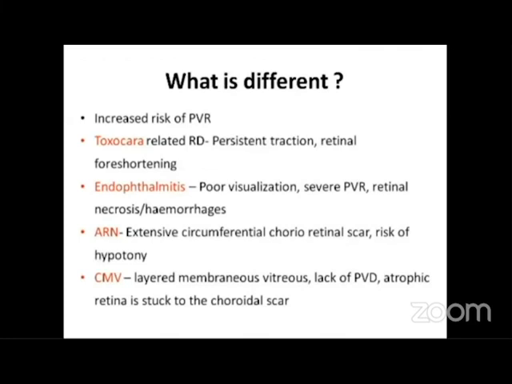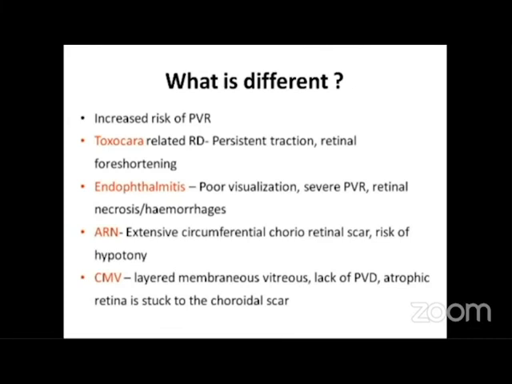Though the way in which we handle these cases is very much similar to the basic fundamentals of VR surgery, as we have discussed so far, there are certain challenges these cases do throw up. For one, there is a very high risk of PVR in these cases. Hence, a complete vitrectomy with a meticulous base dissection is imperative.